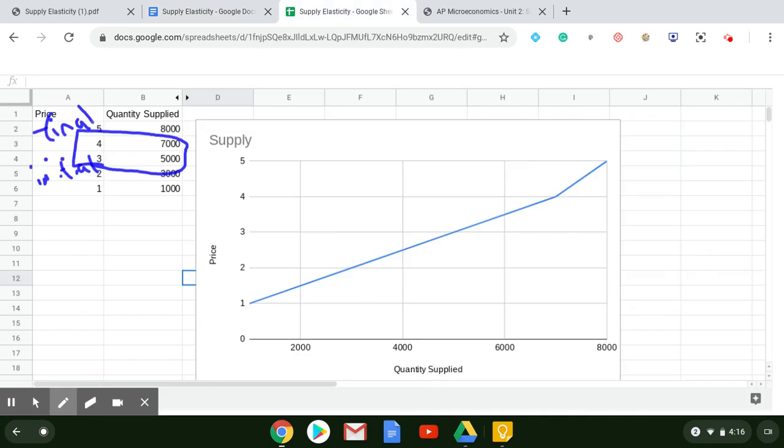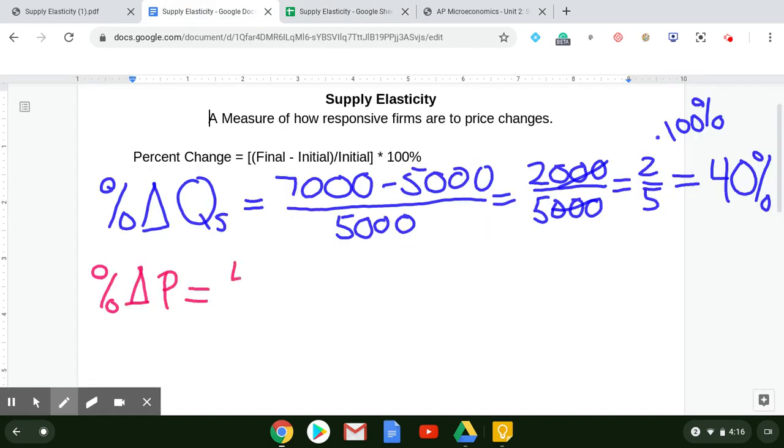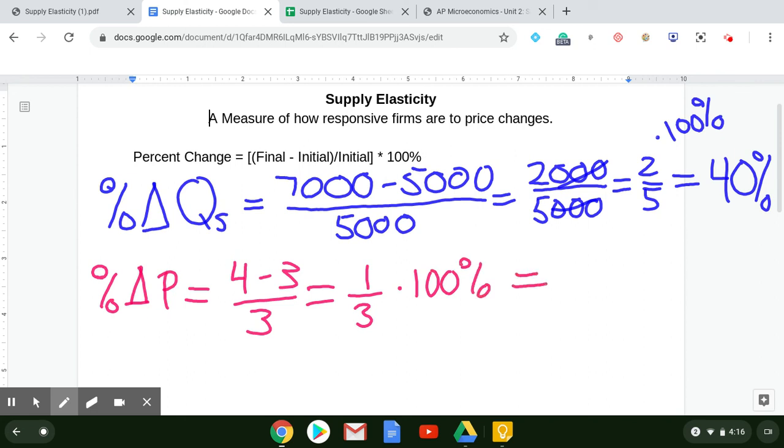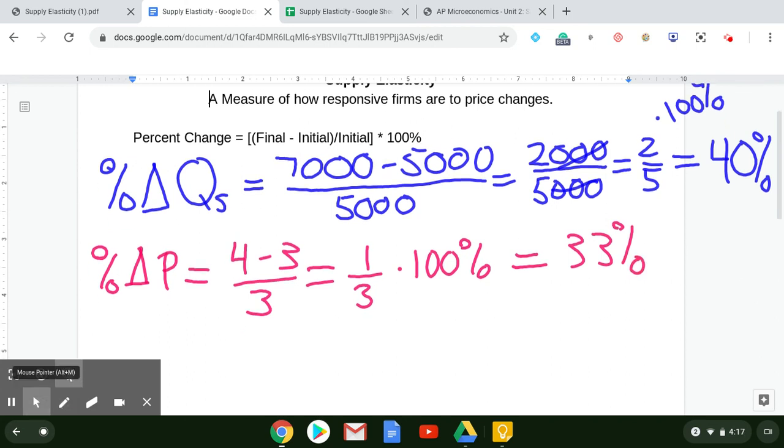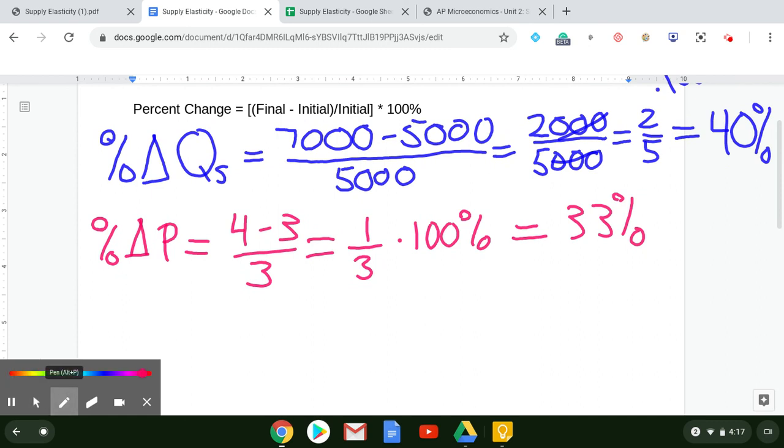What was that? It was 4 minus 3, sorry. So 4 minus 3 over 3. That's 1/3. I times that by 100%. And that gives me 33%.